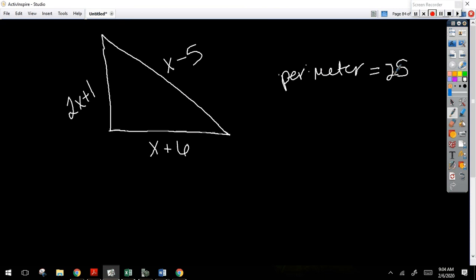How would you solve that for x? What does perimeter mean? This side plus this side plus that side has to equal 25, and then you would solve it from there.